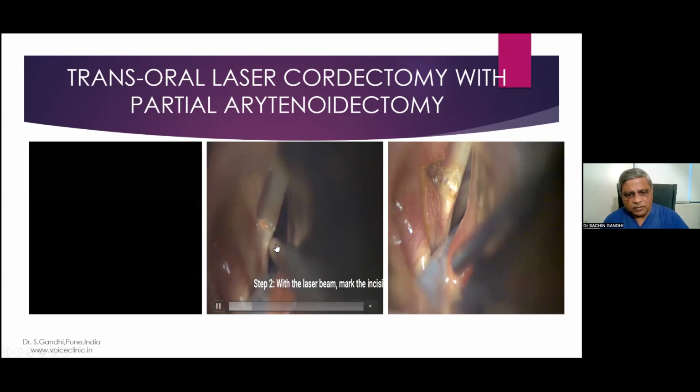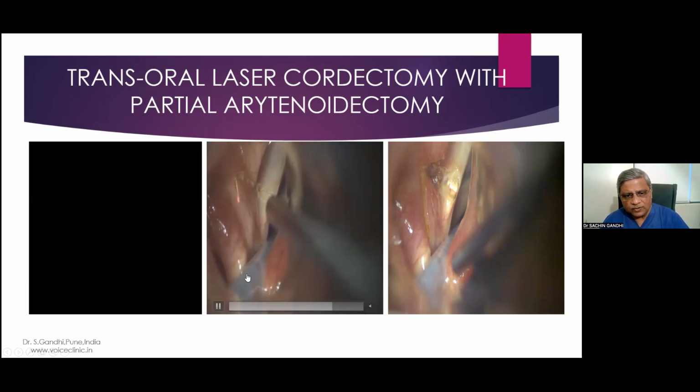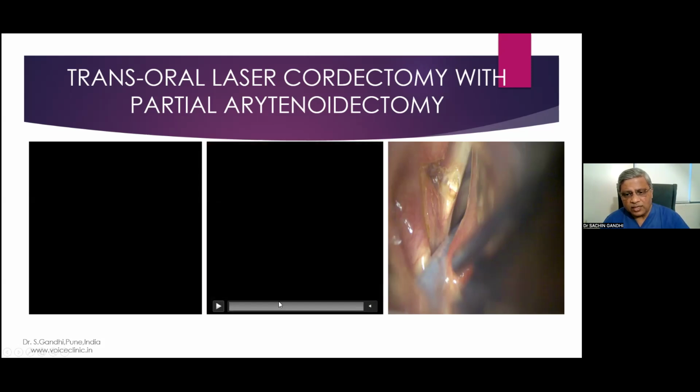With the CO2 laser beam, I'm going to mark the incision, going laterally over the ventricular band or the false vocal cord, coming back, including the false vocal cord and part of the arytenoid cartilage. In this case, I am doing only chordectomy, so I will include the arytenoid, the vocal process only.